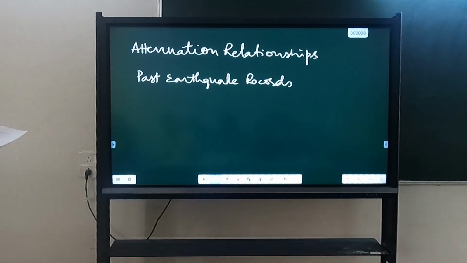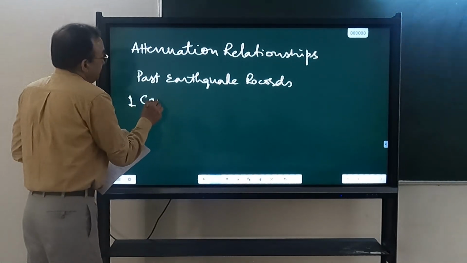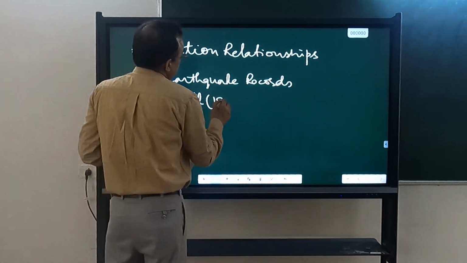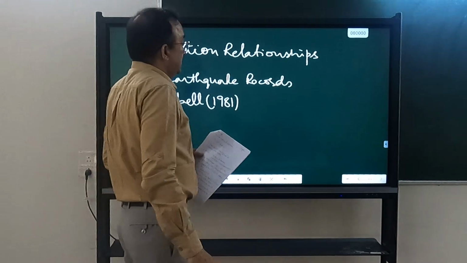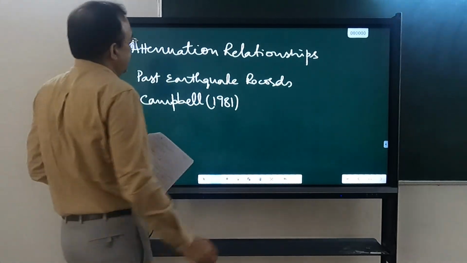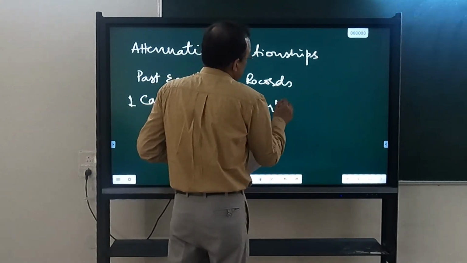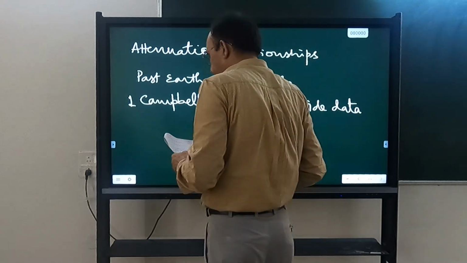I will give you two typical examples. One is Campbell in 1981. And you can imagine in 1981, the measurement started in the 60s. Very few records were available. So they considered worldwide data, whatever data was available, they used that.